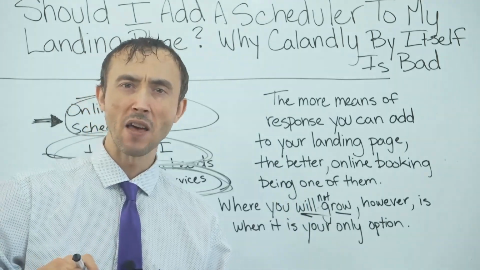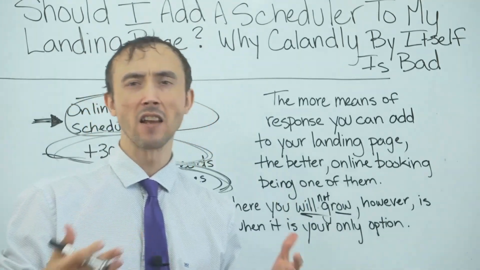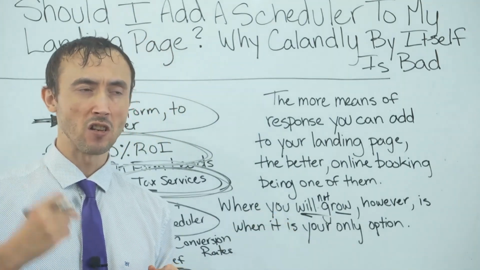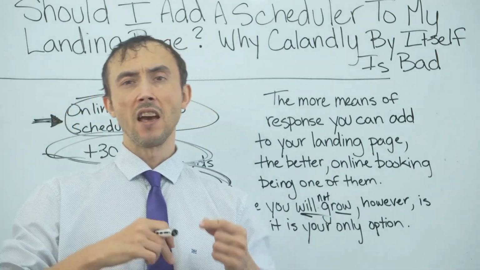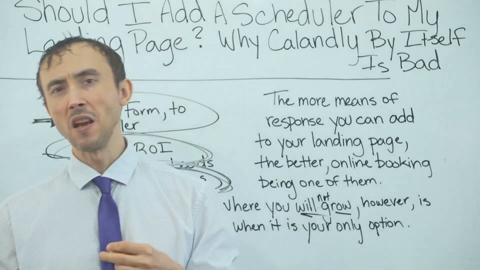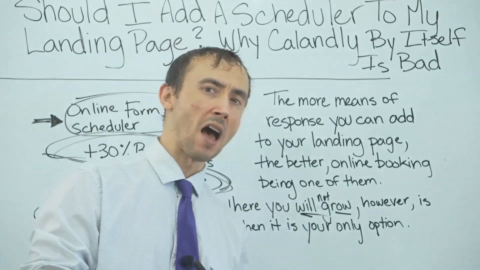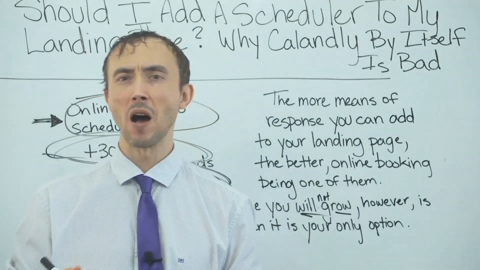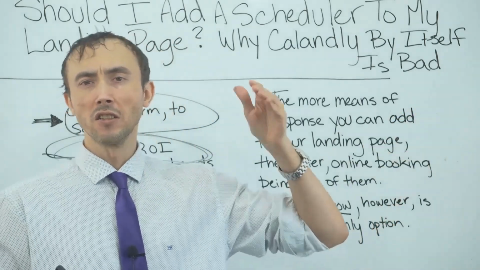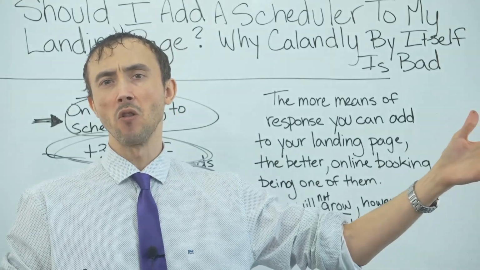And as a side, by the way, this isn't the topic or title of this video, but with the same flavor of what I just mentioned here, you can actually say, hey, text for an immediate quote, or text now for an immediate answer as to whether we can help you with your tax problem. Text us a picture of the hole in your wall to see how much it would be to fix that hole in the wall.